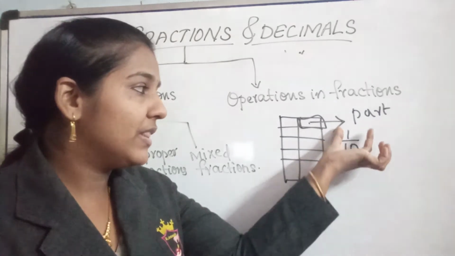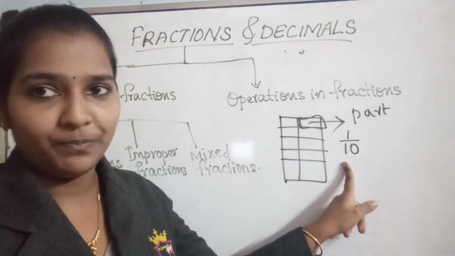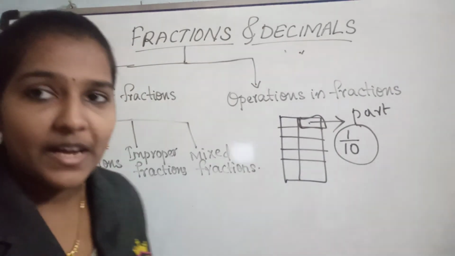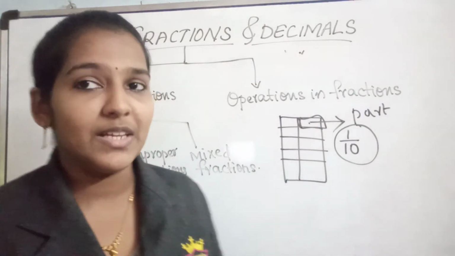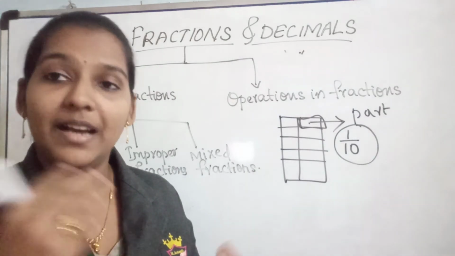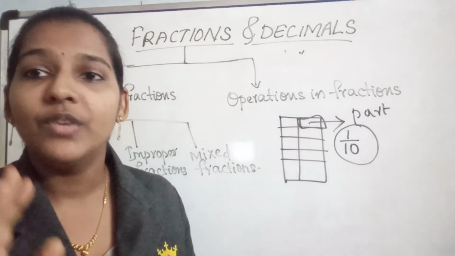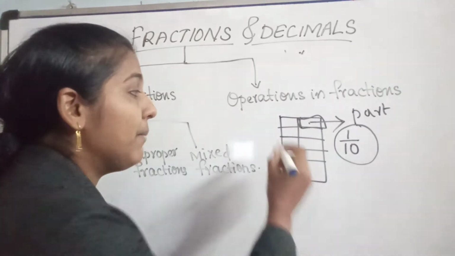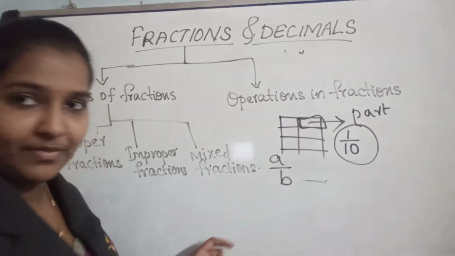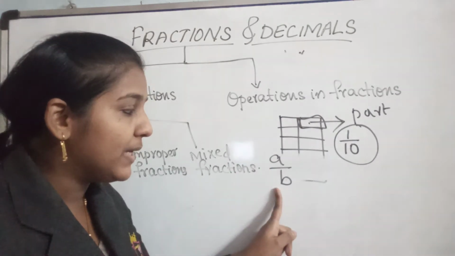Numbers of this form, that is A by B form, are called fractions. In other words, fractions are the part of a whole. It is a special type of number which we can write in the form A by B. Here one number is above the small line and one number is below the line.